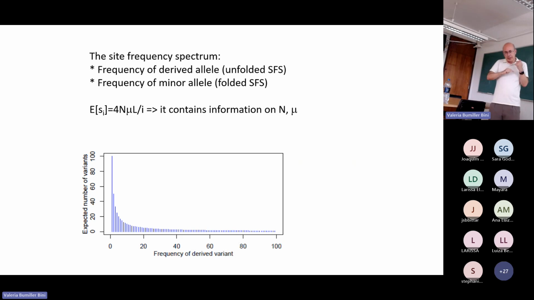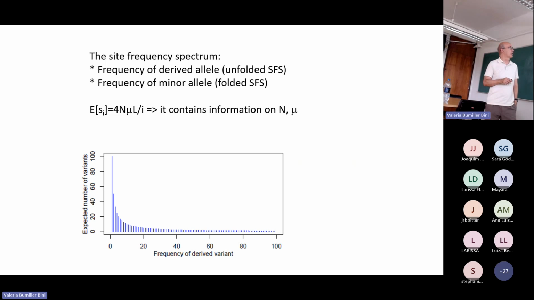Another turn of the wheel now with allele frequencies, we can plot them like this. The frequency of the derived variant, and this is just counting in how many sites the derived variant has been seen once, twice, 3 times, 20 times, 40 times, 60 times.